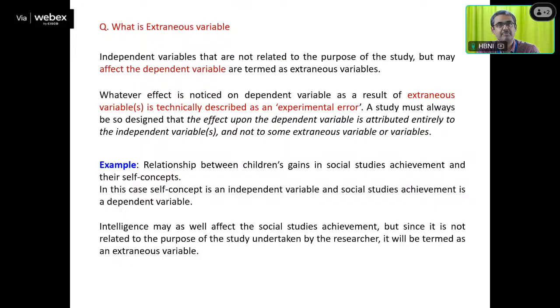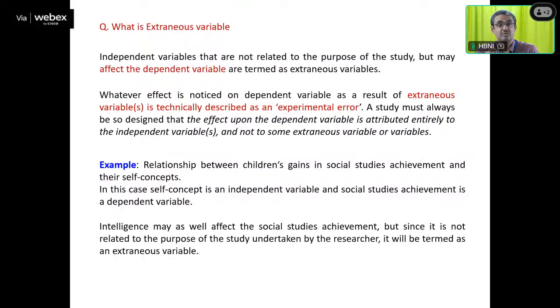An extraneous variable is basically an independent variable, but it's somewhat different in that these variables are not related to the purpose of the study. It is outside the purview of your study, but may affect the dependent variable.